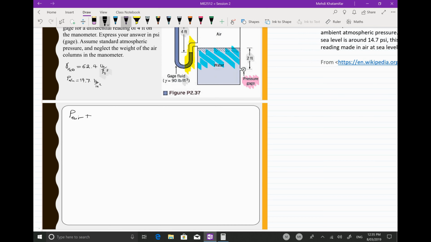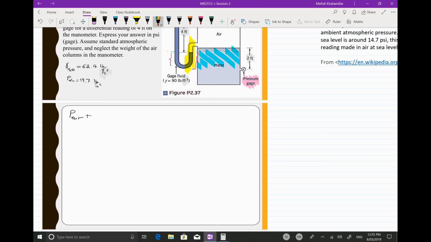We have this piece, but that height of liquid is exactly the same as this height of liquid. Same liquid, same height, left and right side.